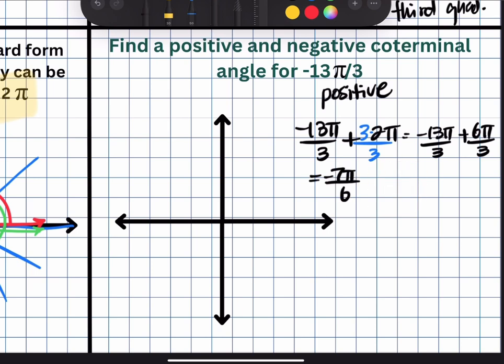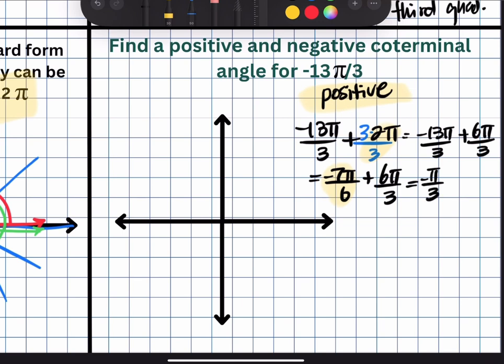So be careful because I want a positive coterminal angle. And even though I added 2 pi, I'm still left with a negative value at the end. So you need to add 2 pi again. And remember that once I multiply by 3 over 3, that's going to be the same as 6 pi over 3. So if I add 6 pi over 3 again, I get negative pi over 3.